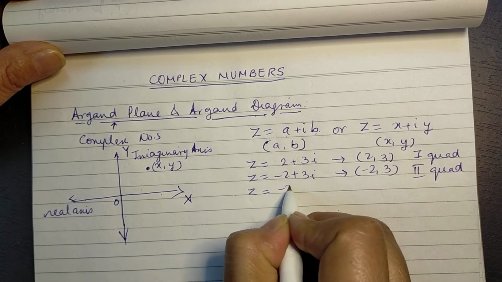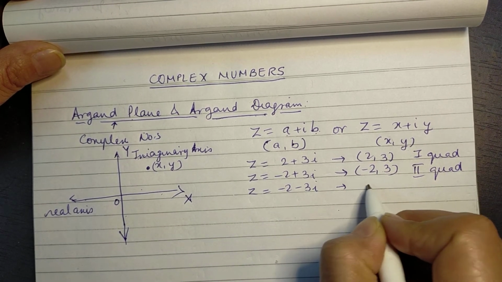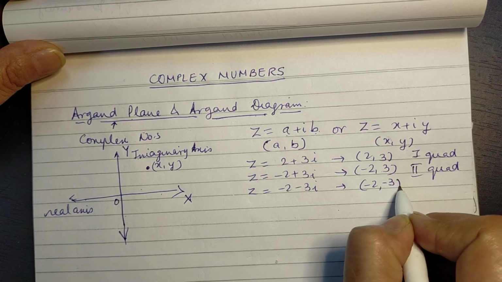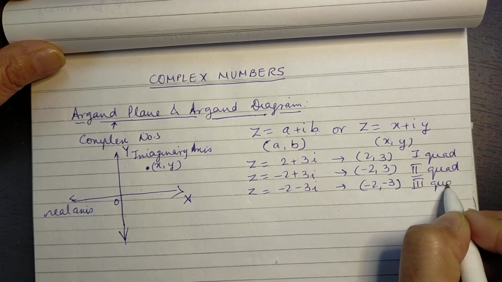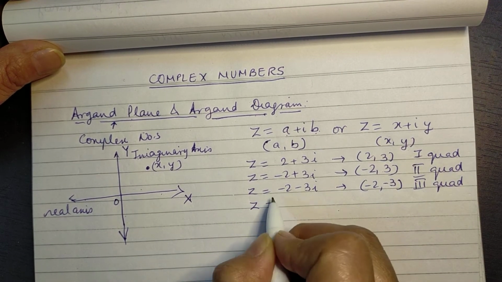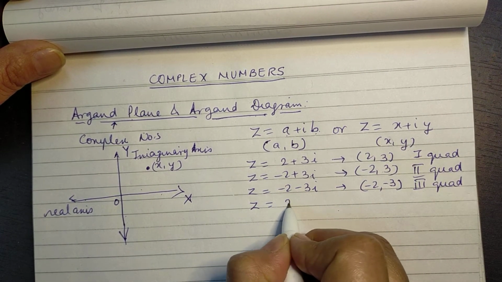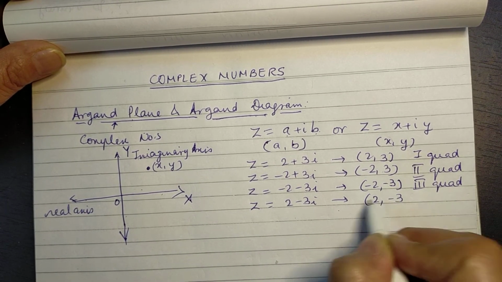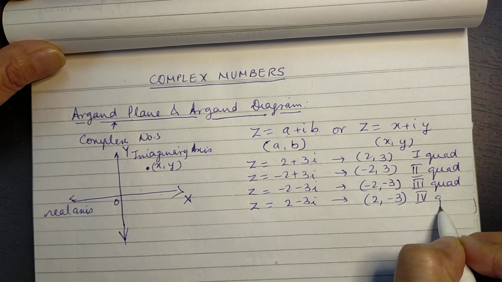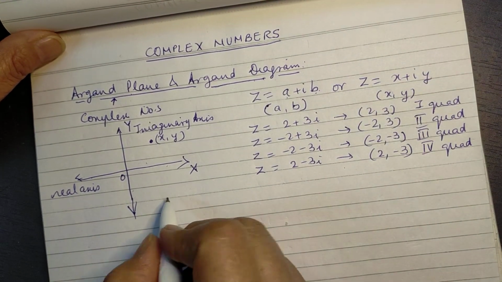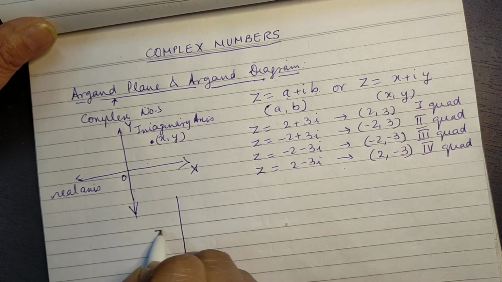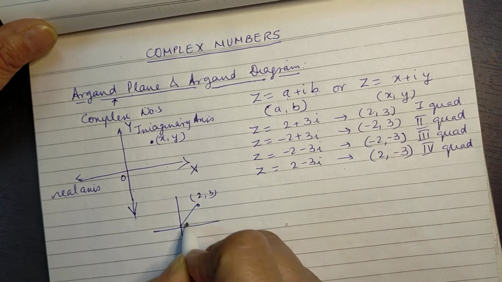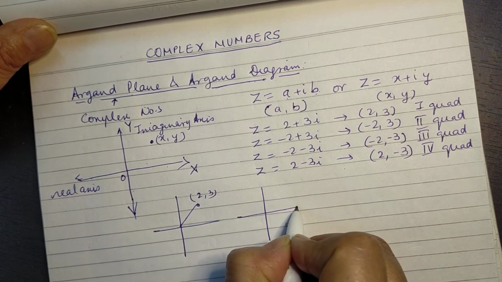If z equals minus 2 minus 3i, the ordered pair would be minus 2 comma minus 3, which lies in the third quadrant. And if z is equal to 2 minus 3i, the ordered pair would be 2 comma minus 3, and it will lie in the fourth quadrant.